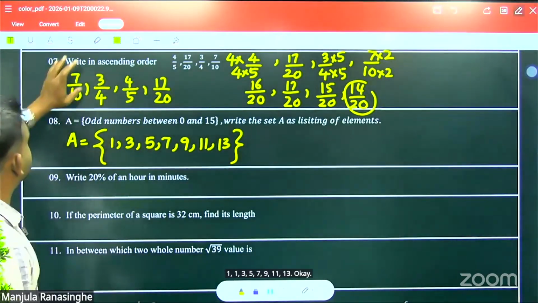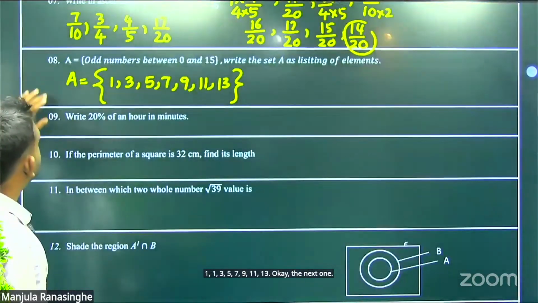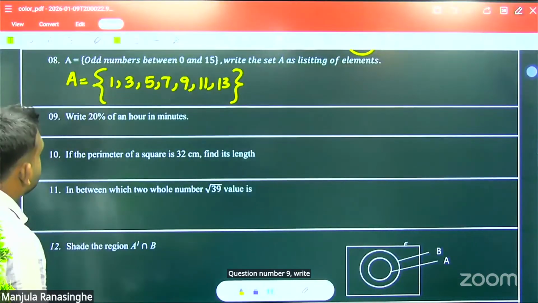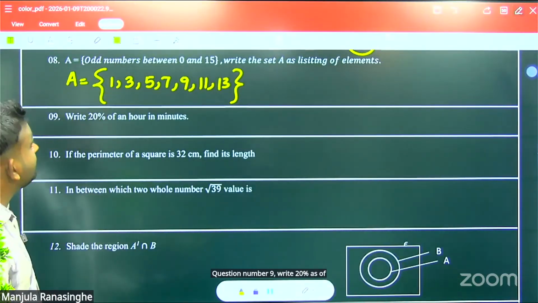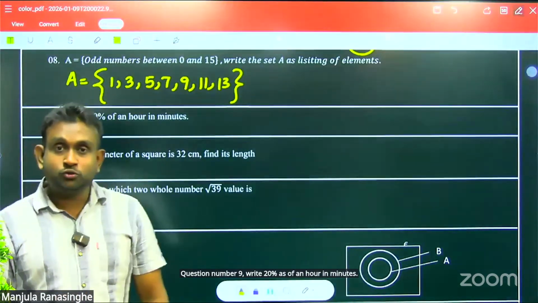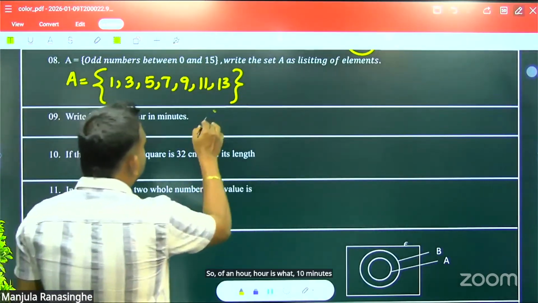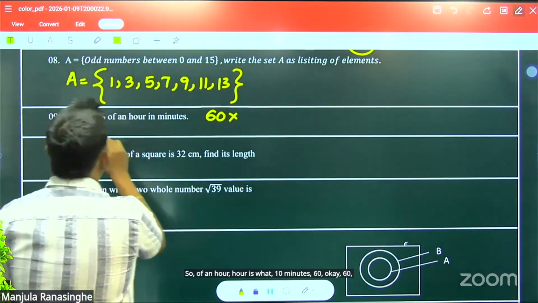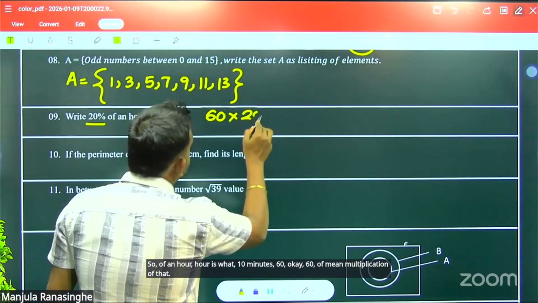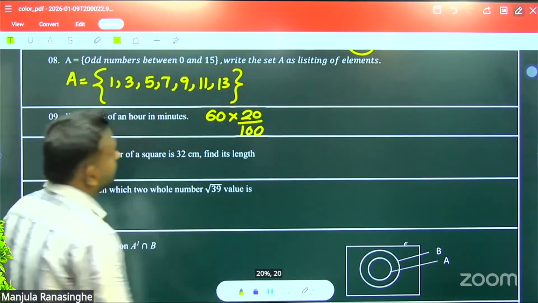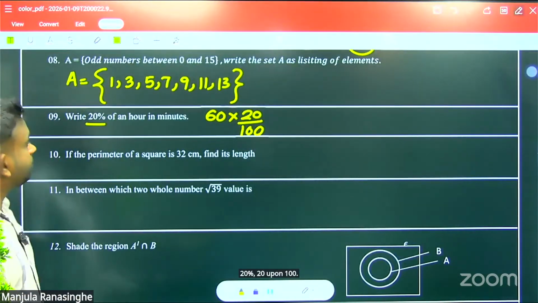Okay, the next one, question number 9. Write 20% of an hour in minutes. So an hour is what in minutes? 60. Of means multiplication, that 20%, 20 upon 100. 60 into 20 upon 100.